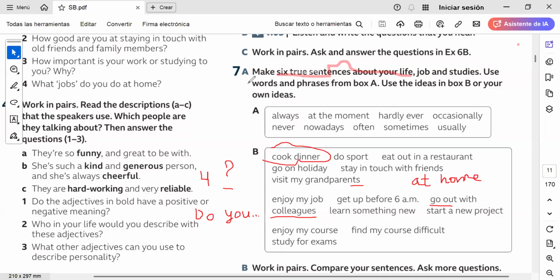Lily, do you cook dinner usually? I hardly ever cook my dinner.